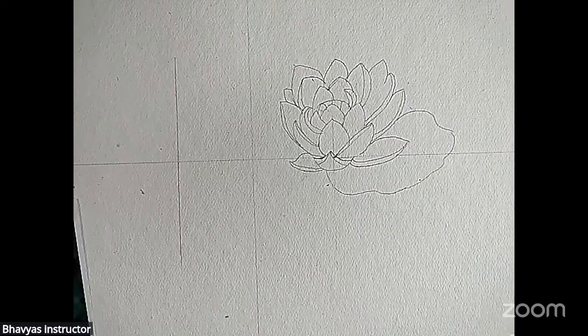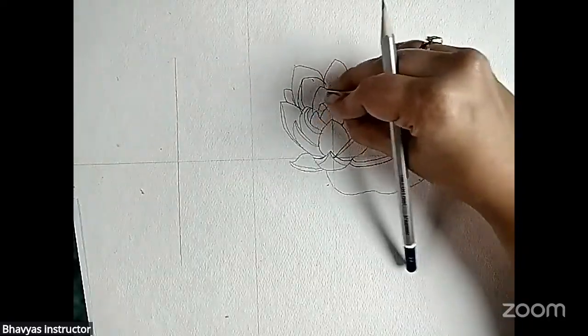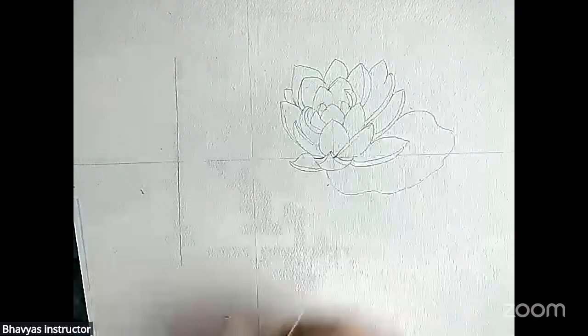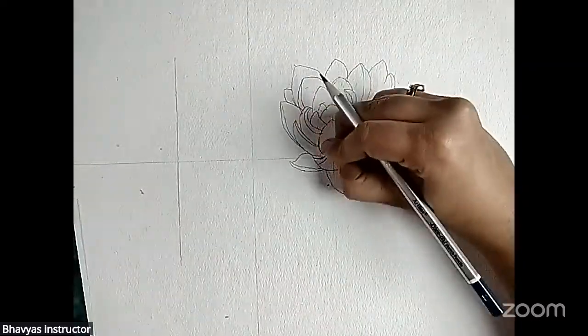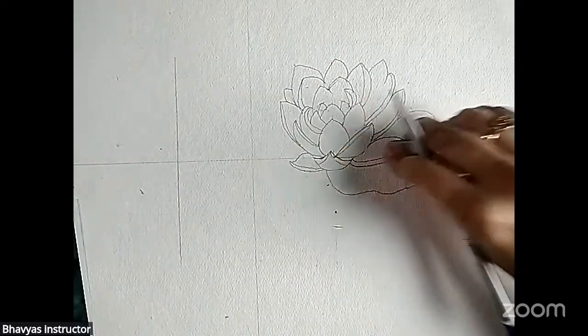Okay, we'll move to the next step. See, inside this, we have drawn one oval shape. You just erase that. We don't need that now. And the vertical line inside the flower, the horizontal line or horizon line.